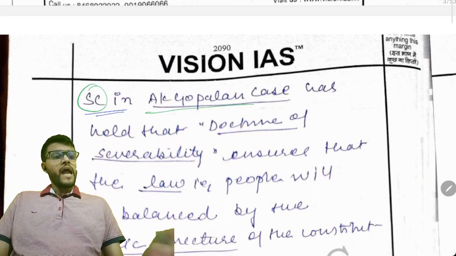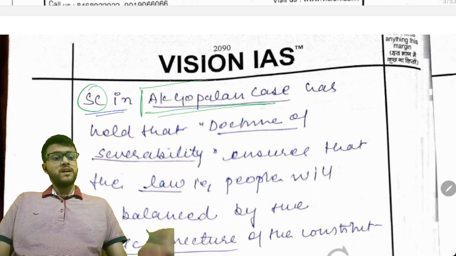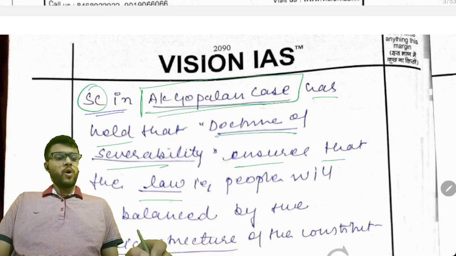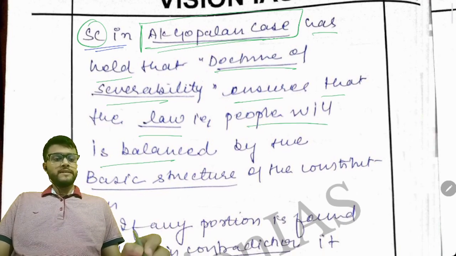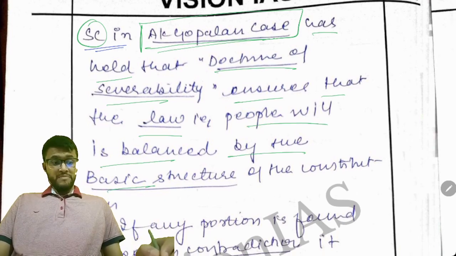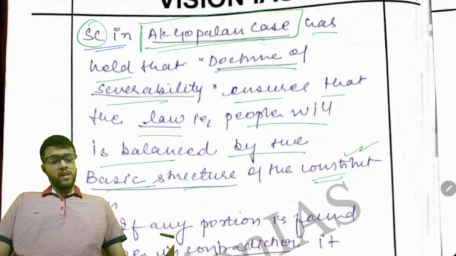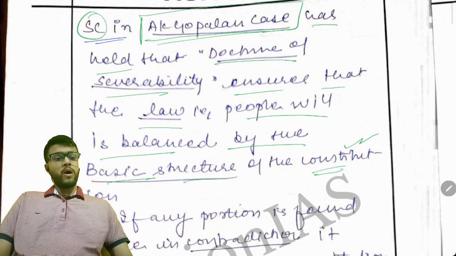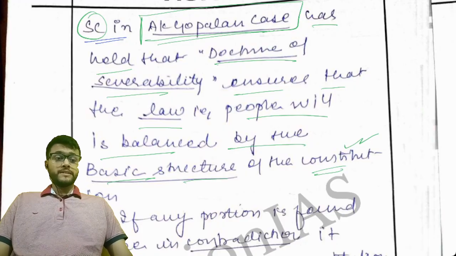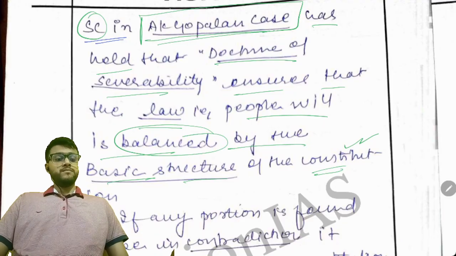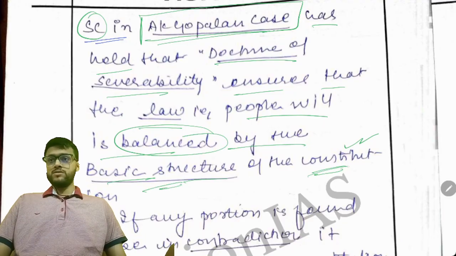The Supreme Court in the A.K. Gopalan case has held that the doctrine of severability ensures that the law, that is the people's will, is balanced by the basic structure of the Constitution.